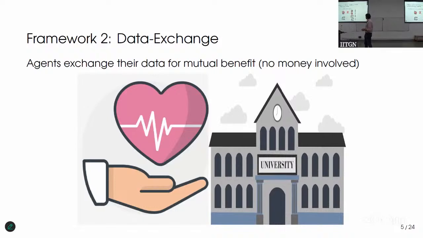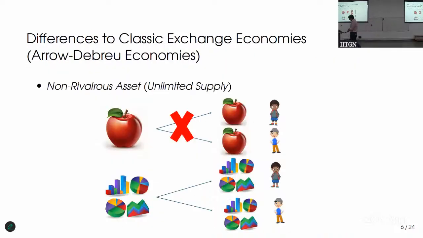So before I delve into data exchange economies, as I promised earlier, we need to understand what makes data different from classic assets or classic goods. We already have markets for classic goods. We already have exchange markets that have been extensively studied. So why should things with data be different?